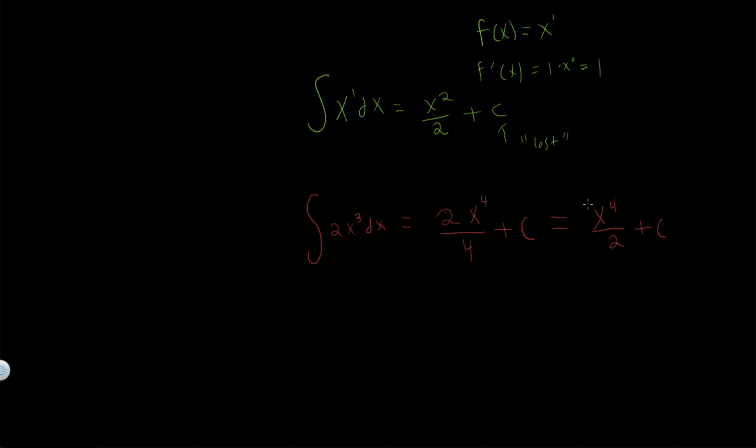Now, if we take the derivative of this, we should get whatever is inside the integral, which is called the integrand. So let's confirm. If we take the derivative of x to the 4th over 2 plus c, that should just be 4x to the 3rd over 2, and then plus c, the derivative of that is 0, so that goes away. Simplify this, we get 2x to the 3rd.